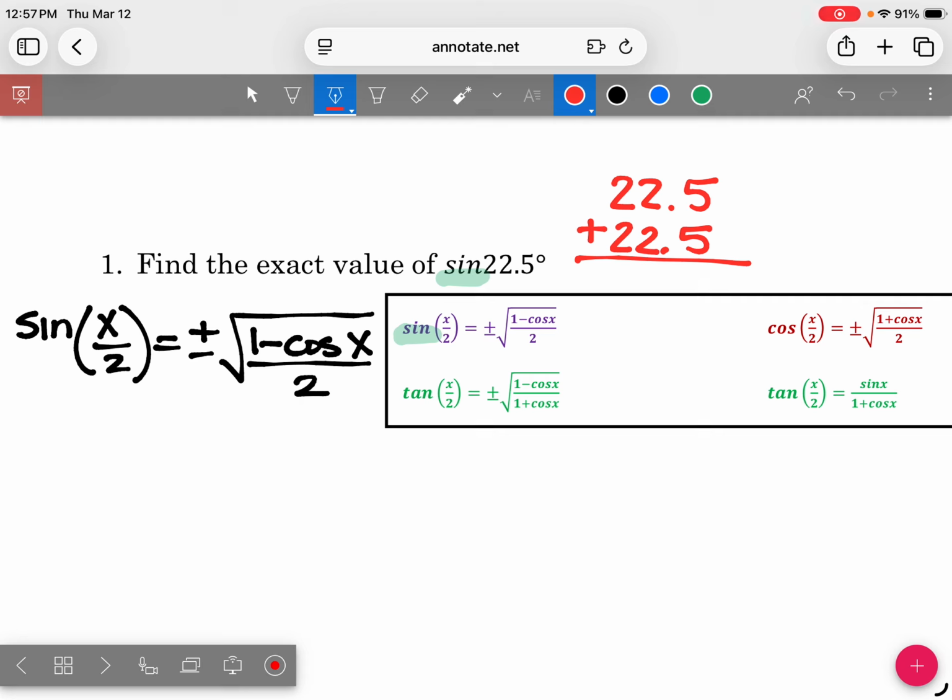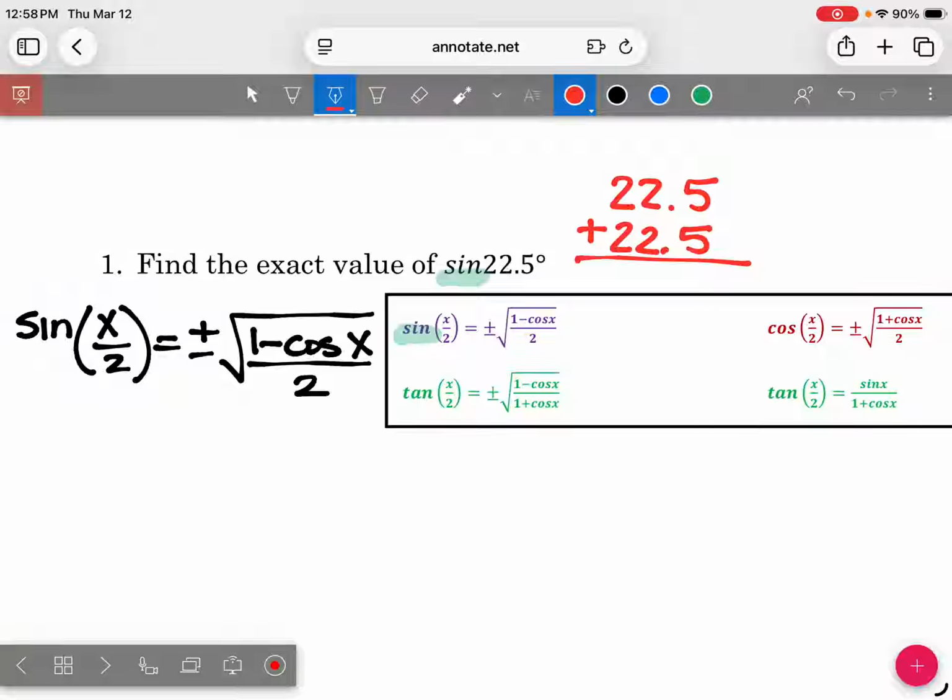I'm not doubling it. I'm taking an angle on my unit circle, and I'm dividing it by 2 in order to get 22.5. So what angle do you think we're working with? What's 22.5 plus 22.5? 45? Who got 45? All right, good.